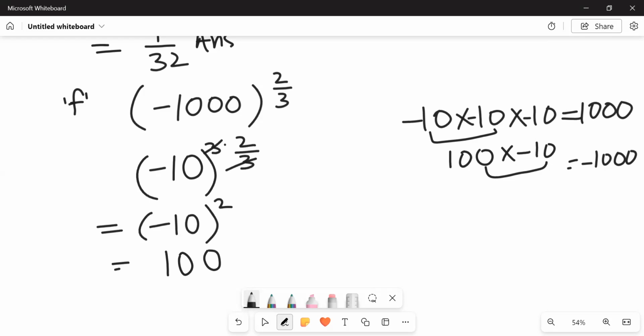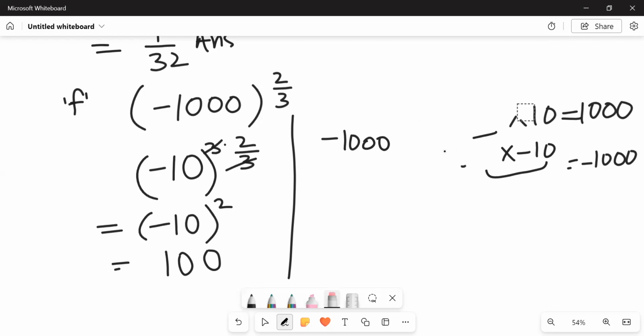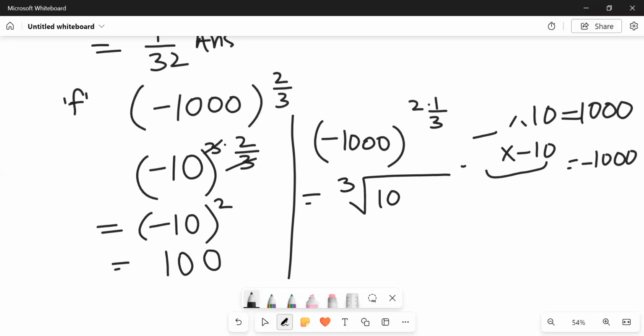First we have to write in the radical form, so we will make it in the radical form by writing it -1000, whole power 2, 1 over 3. So this 1 over 3 I can write as -1000, minus power 2. This power I am giving 2, and this radical sign I will write in the cube root form.